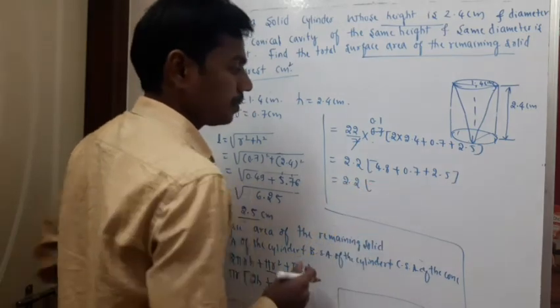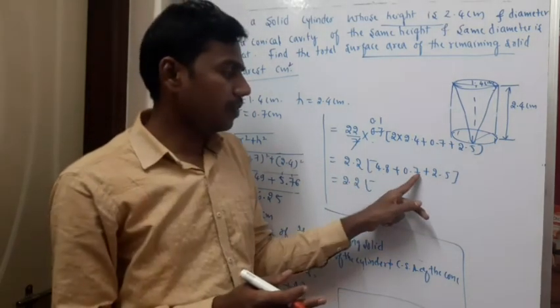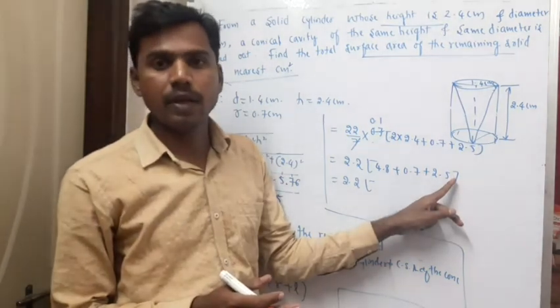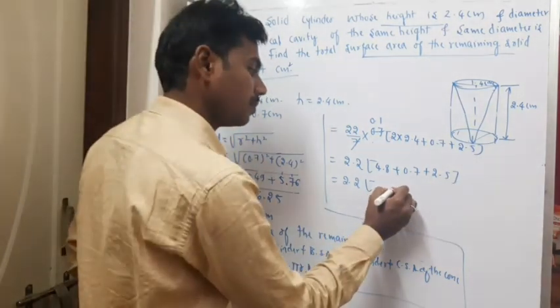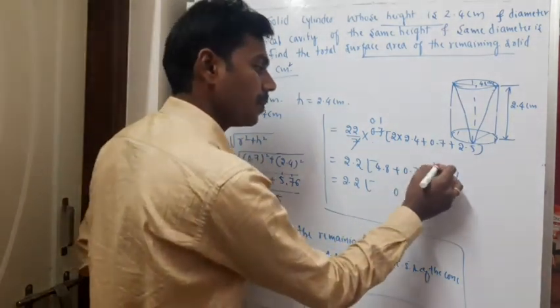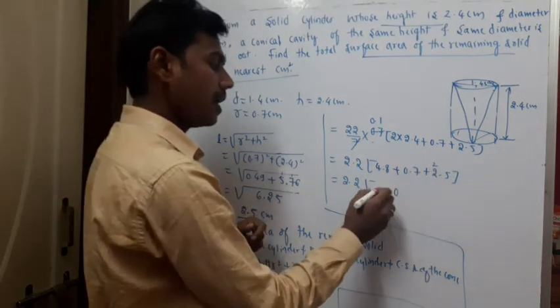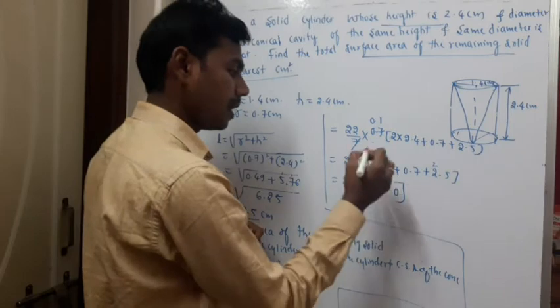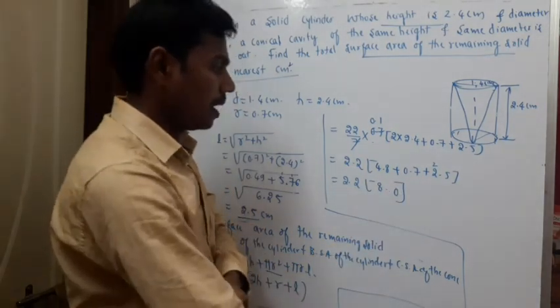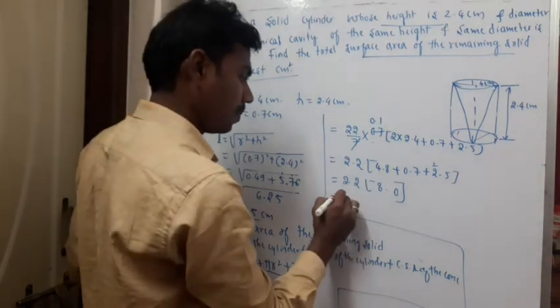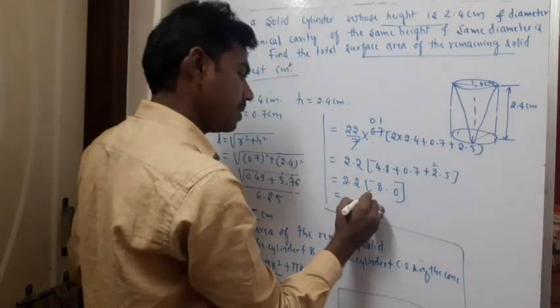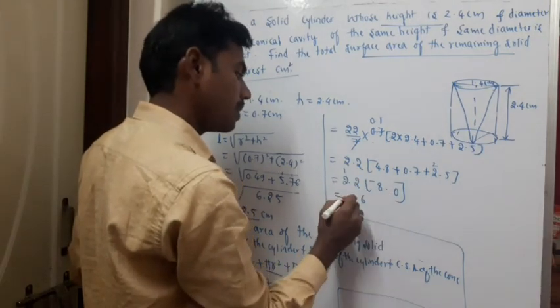2.2 into 8 plus 7, 15, 15 plus 5, 20. 0, carry 2. 2 plus 2, 4. 4 plus 4, 8. 8.0. Okay. Now, 8 2s are 16, carry 1. 8 2s are 16 plus 1, 17.